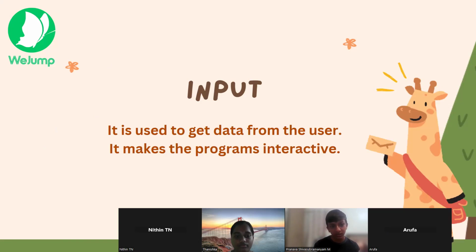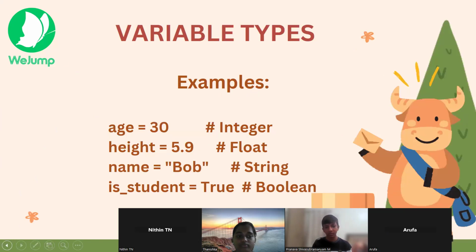Tanishka, can you go back to the previous slide? Actually, I had a doubt: are these the examples of variables or the values given to the variable? These are the variable types.